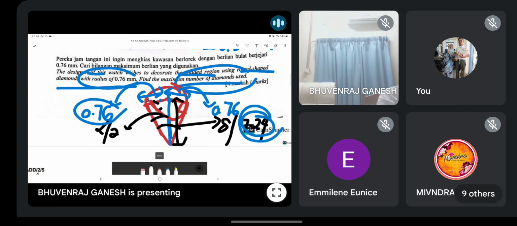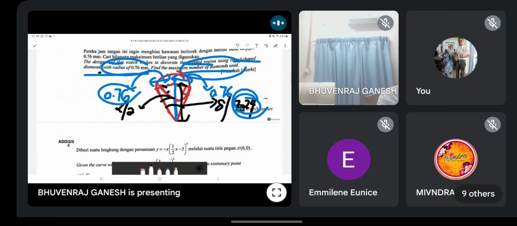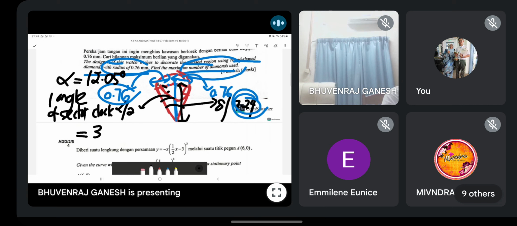That is why if you count and see, you will get alpha equal to 12.05 darjah. So first of all, after you get this, you must know that each angle of the clock sector is 30. One angle of a clock sector is 360 bahagi 12, am I right?